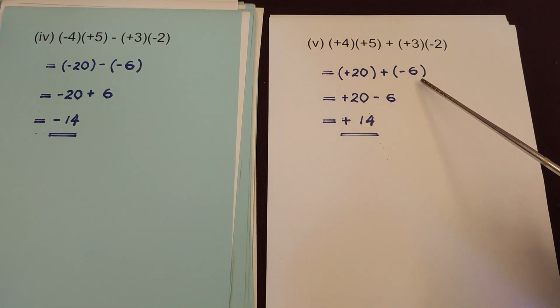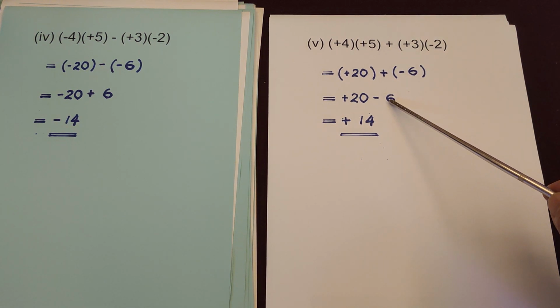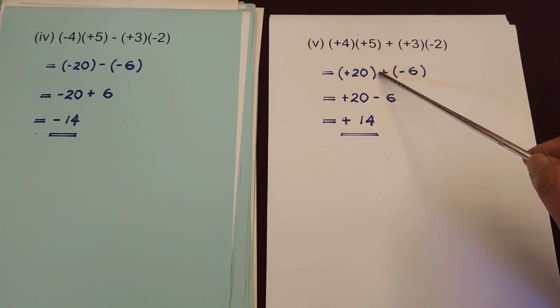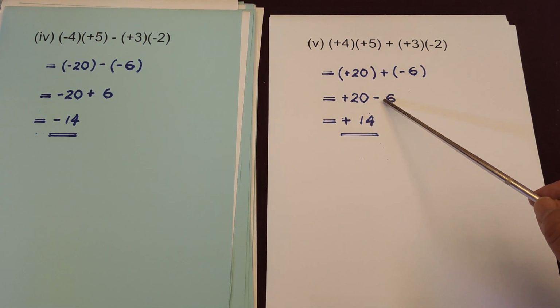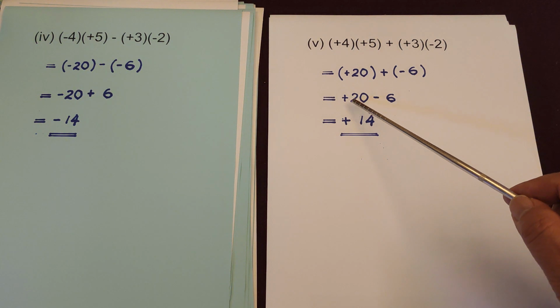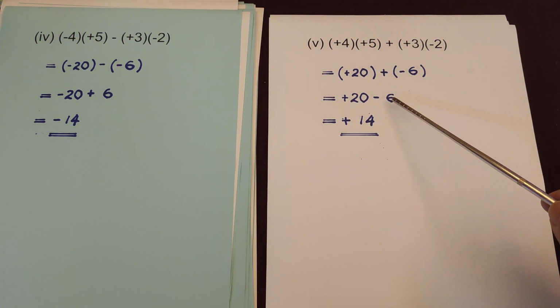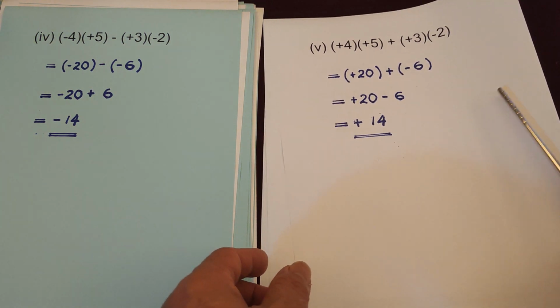The signs differ, so we have a negative result. So we have negative 6. Or we can say that the first one is positive, so the answer becomes the sign of the second one, so it becomes negative 6. And positive 20 minus 6, we have the answer positive 14.